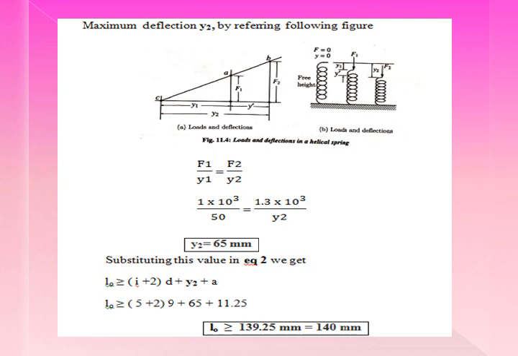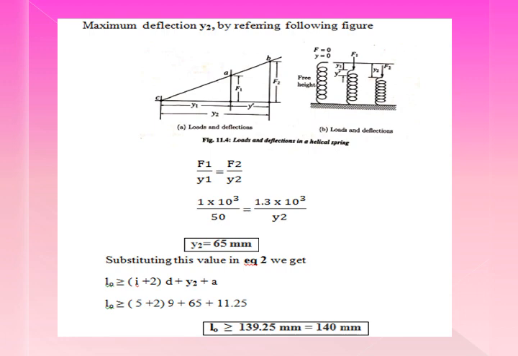Now since it is a similar triangle, we can go with the similar triangle property, that is F1 by y1 is equal to F2 by y2. So obviously these two ratios are equal. So now we'll substitute the value F1, that is 1 into 10 raised to 3, and its corresponding deflection y1, that is 50, equal to F2, that is 1.3 into 10 raised to 3, divided by y2, the maximum deflection y2 that we have to find. So after simplification we are getting y2 equal to 65 mm.